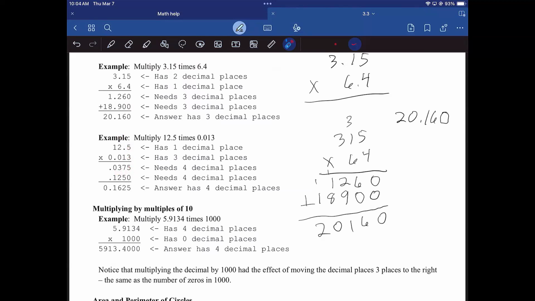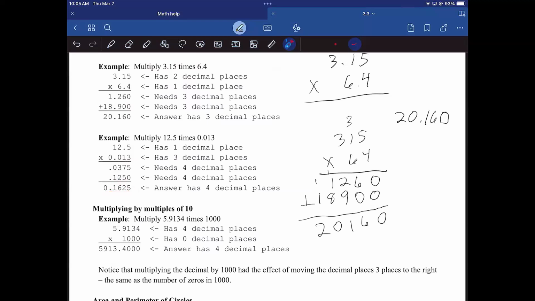And then I'm going to say, okay, next, 1 times 5. I'm going to add 0 for this spot to keep track. That'll give me 5. 1 times 2 and 1 times 1. And then we're going to add those together and move over 4 decimal places.